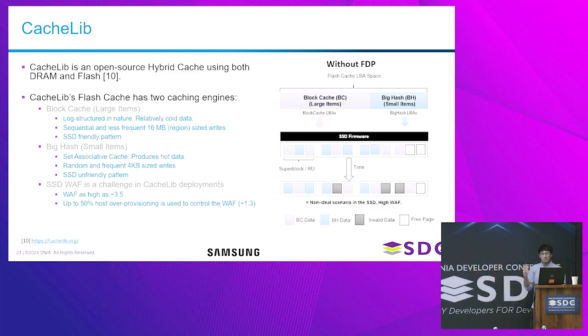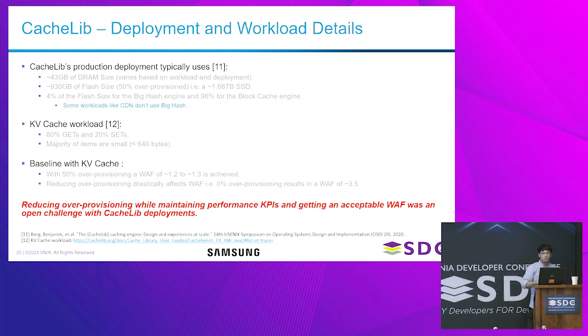So this is where we felt that there's an opportunity to use FDP because block cache and big hash inherently have different data characteristics. One is sequential write and kind of infrequent. One is random write and very frequent. A little bit more context about the deployment scenarios before I get into FDP: CacheLib's production deployments typically use 43 GB for their DRAM cache, and they usually buy a 2 TB SSD and use half of it for their flash cache.